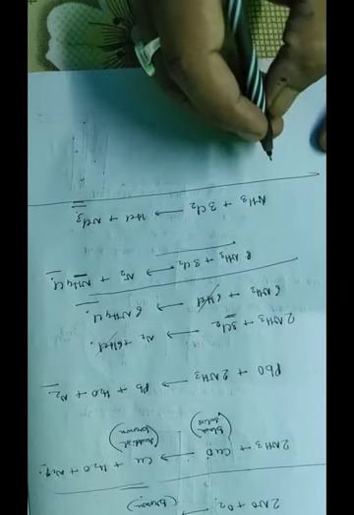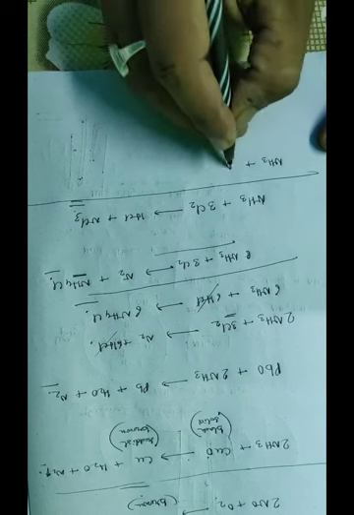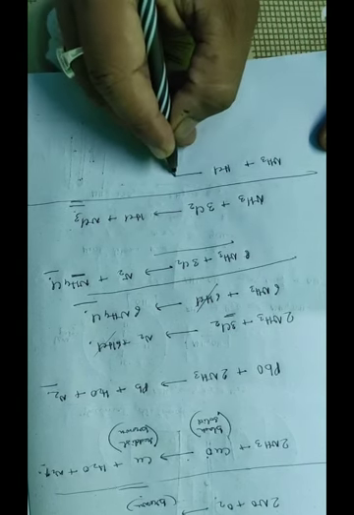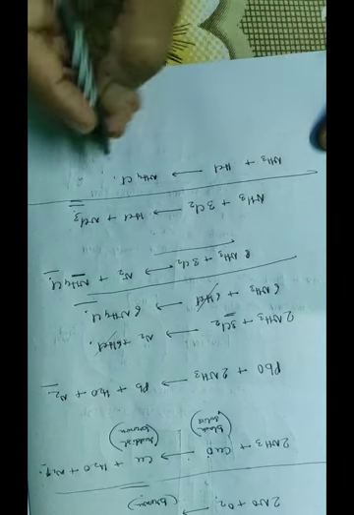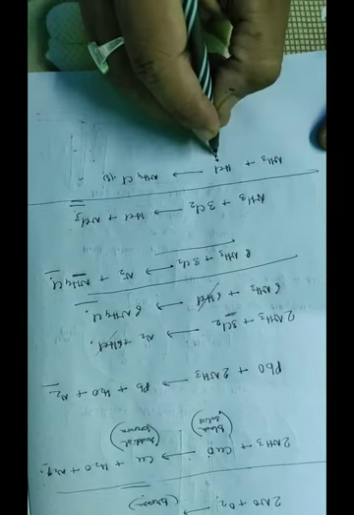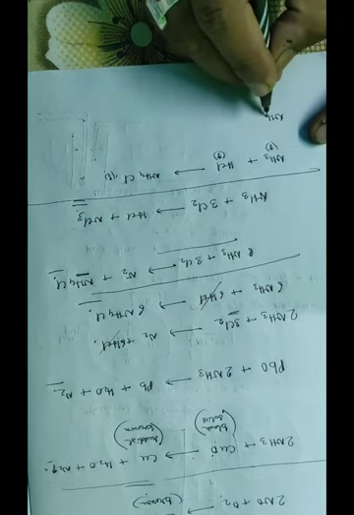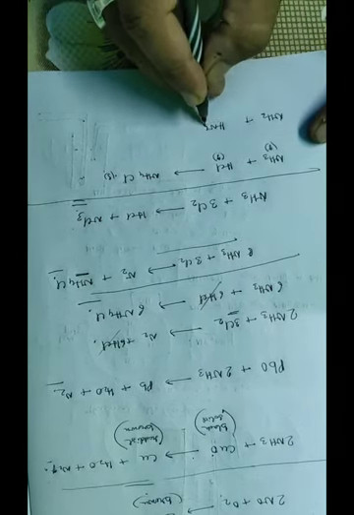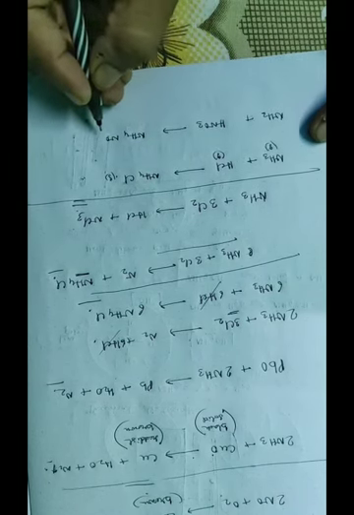Now reduction with acid. Say ammonia when reacting with HCl, then ammonium chloride. This is a solid, this is a gas, this is a gas. Now ammonia plus HNO3. This will be ammonium nitrate.